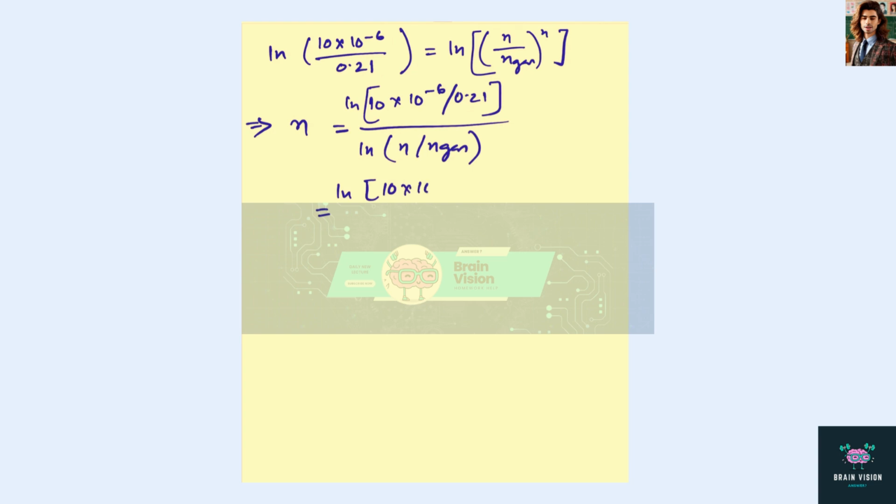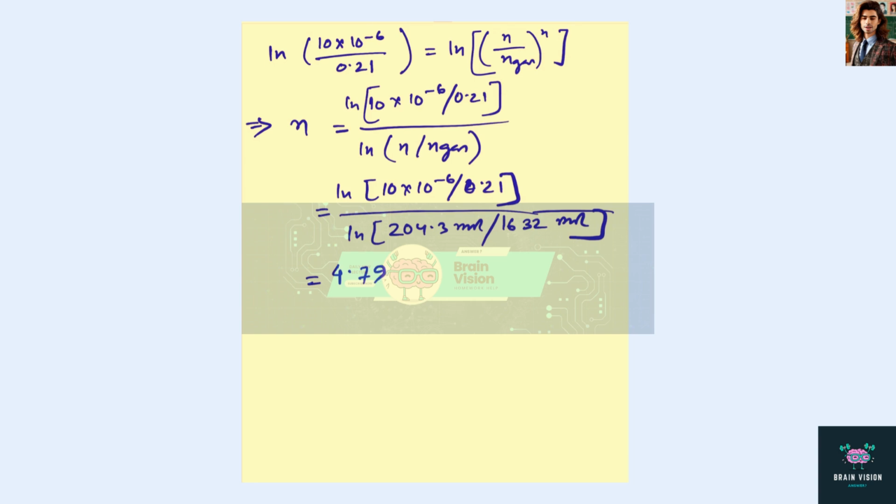Let's insert these values again. The number of moles is 204.3 mole divided by 1632 mole, and as we do this calculation we will get 4.79. So at least 5 stages are needed.